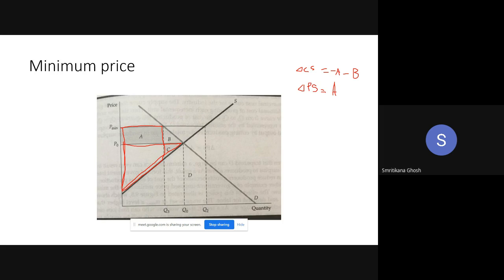Initially C was in the producer surplus, but now C is not in the producer surplus. B is not an issue for the producer because it was not in the producer surplus. So B is not the concern of the producer. But C was in the producer surplus, and now it is not. You get the thing? B is also not the concern of the producer. Only C. Is it clear?